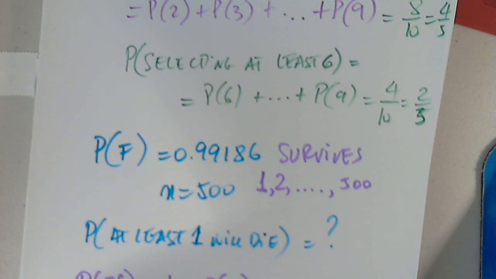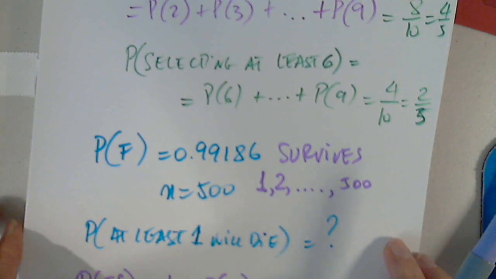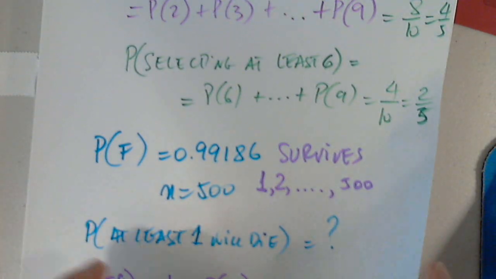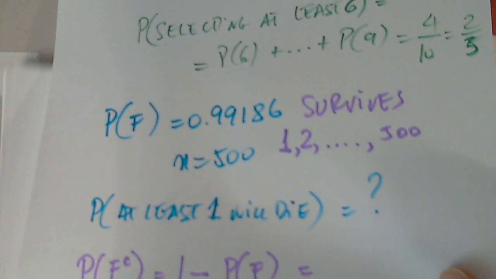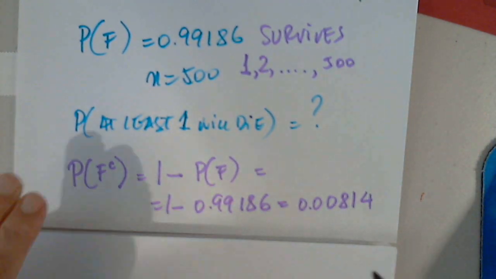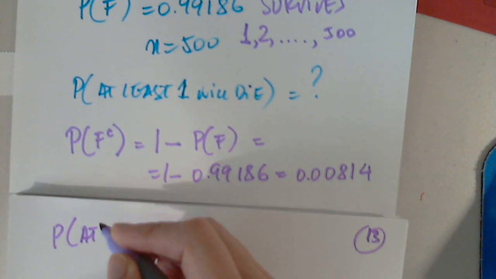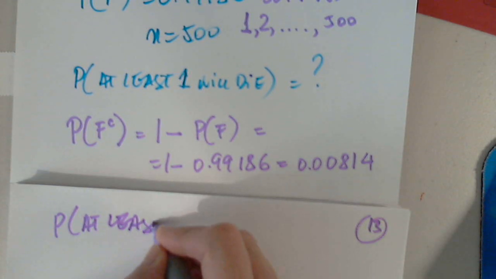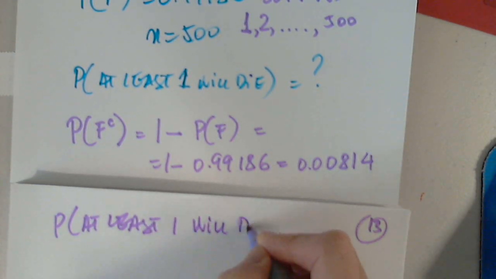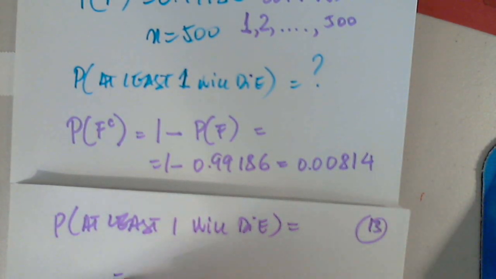So now, how do I determine the probability that at least one out of 500 will die? So it's 1 or more. So the probability that at least one will die will be 0.00814.